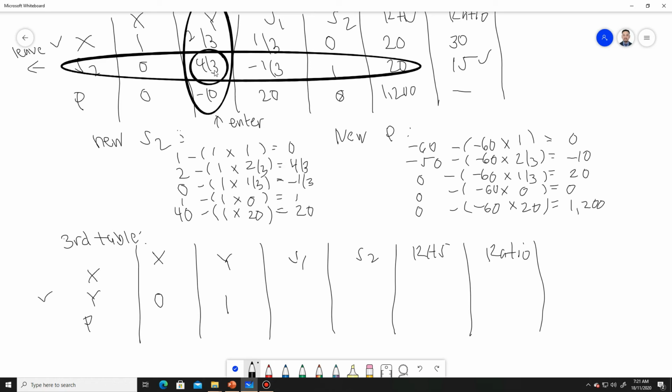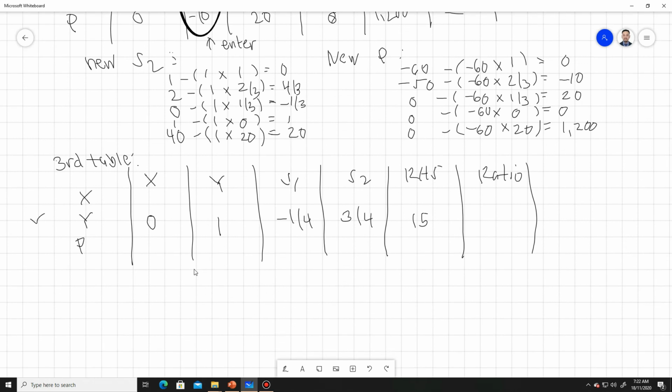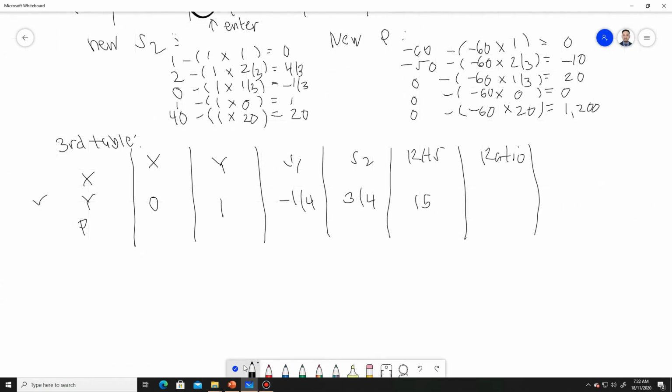Negative 1/3 divided by 4/3, we have negative 1/4. 1 divided by 4/3, we have 3/4. And then 20 divided by 4/3, we have 15. Next, we will develop the new x, no, and the new p row.